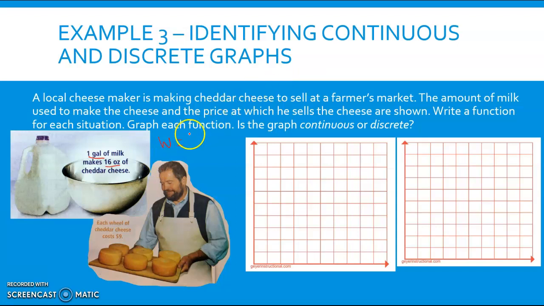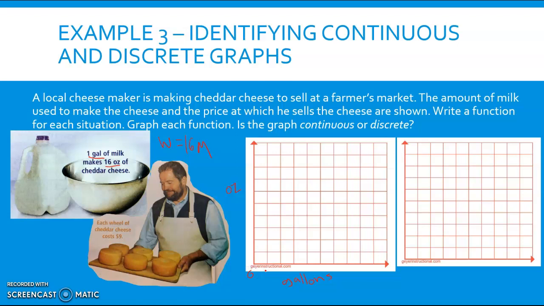W equals 16 ounces times every gallon of milk. So W equals 16M. I'm going to have on my y-axis here, that's going to be my ounces, right? My x-axis is going to be my gallons, because the more gallons I put in, that's what's going to make my cheese. I'm going to start with 0 here.